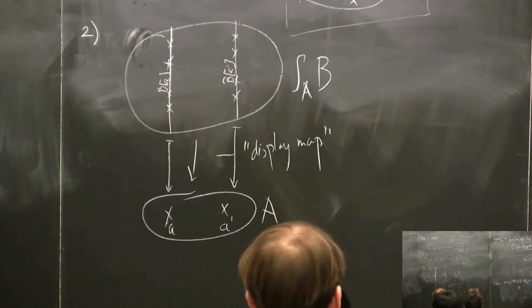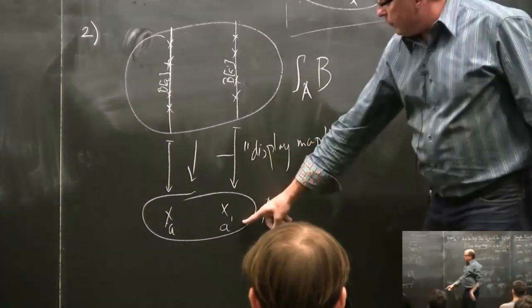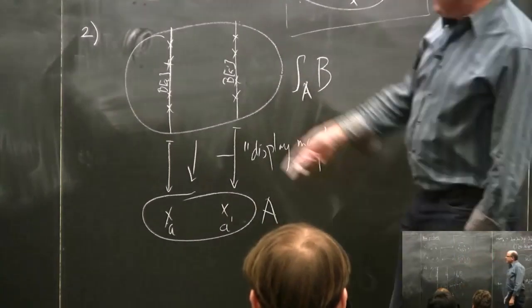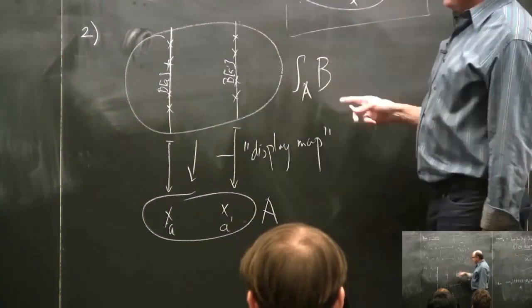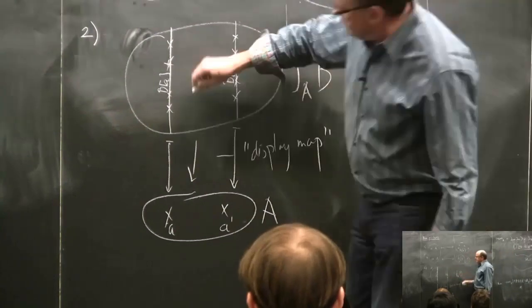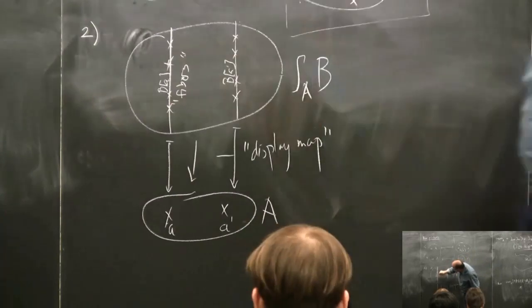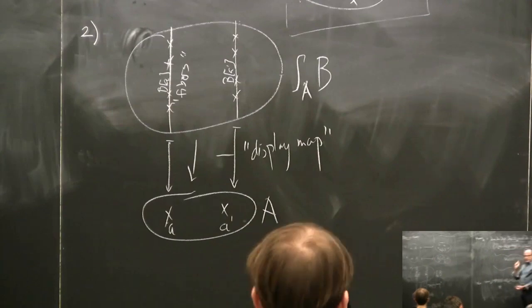That's what we're doing, and that's called the display map. The display map is telling you, for every single student, what their homeroom is. And that way, we've quite literally sliced up the total space into all the pieces. And these individual things are called the fibers. Okay, that's the terminology, that's the way you think about it.